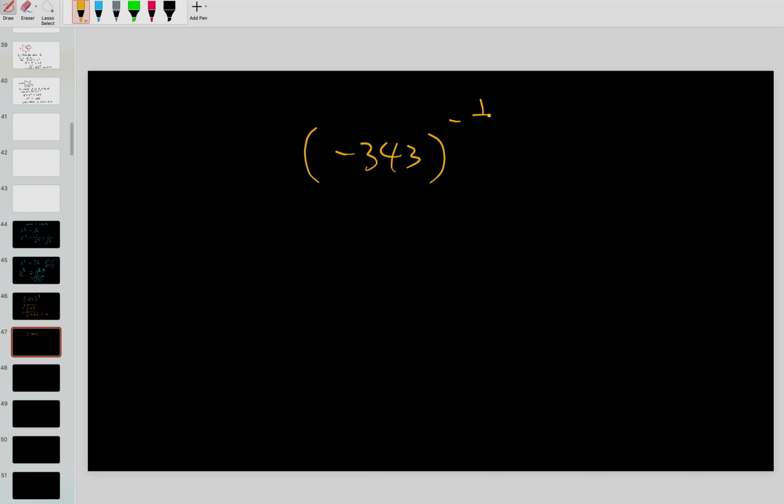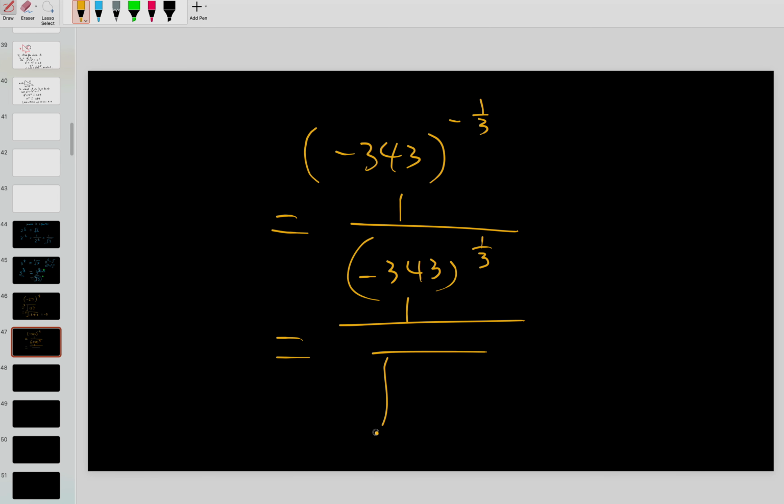Negative 1 over 3. Okay, good. So you have negative power. The first step you do is 1 over first. Then just copy the rest, and then the power without the negative. So power 1/3 is cube root.